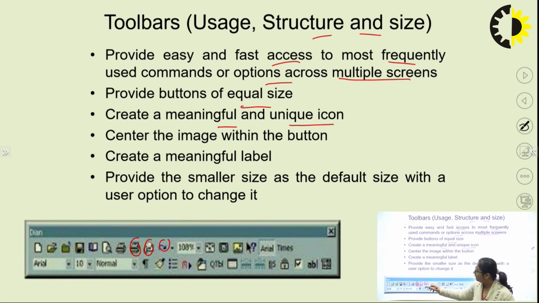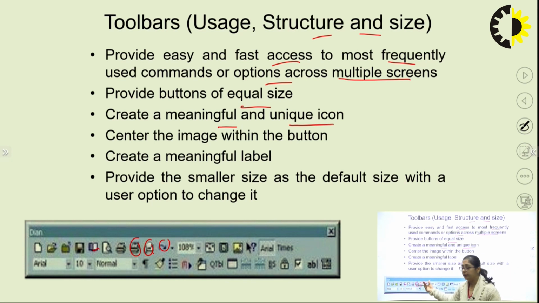So, every image, every icon relates to some command, like this is the picture of a printer that will print your data, okay. This is for zoom, this will zoom out or zoom in your data, okay. This is multiple pages, two pages at a time, okay.